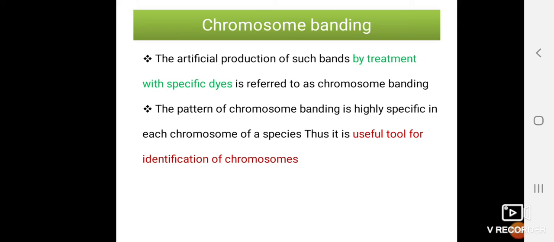That is the bands. These bands appear in different ways when we stain with different types of dyes. So the pattern of chromosome banding is highly specific to each chromosome of a species, thus it is a useful tool for identification of chromosomes.